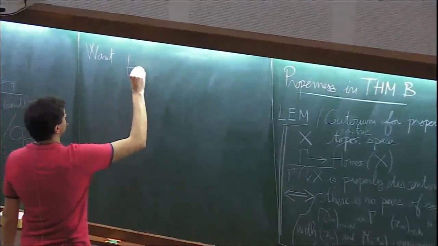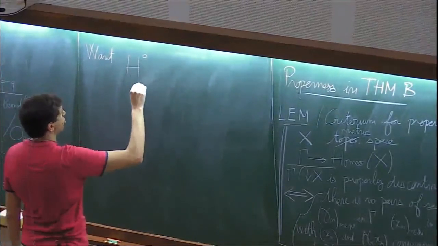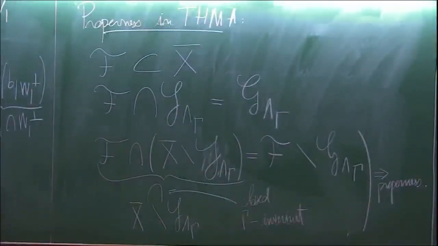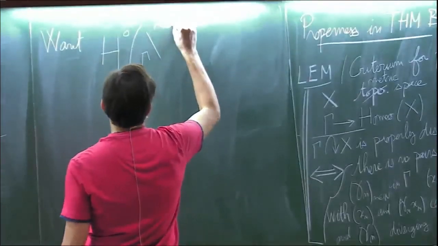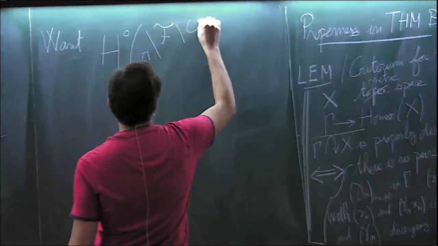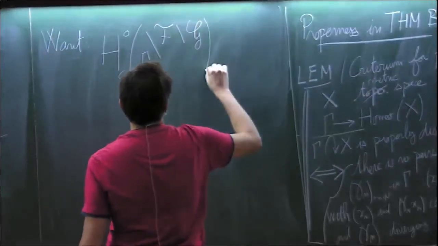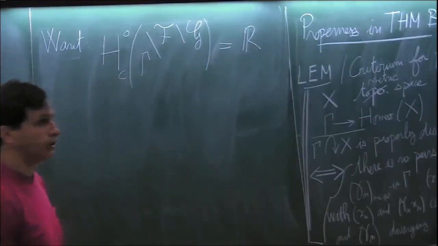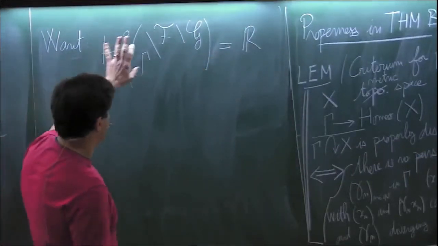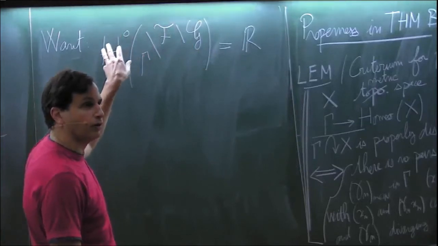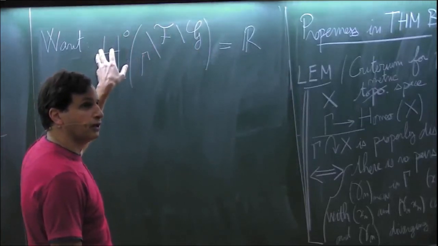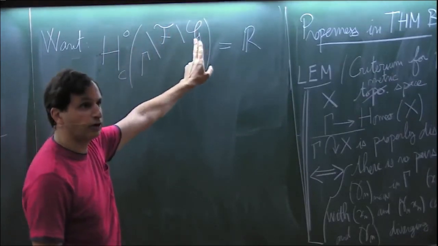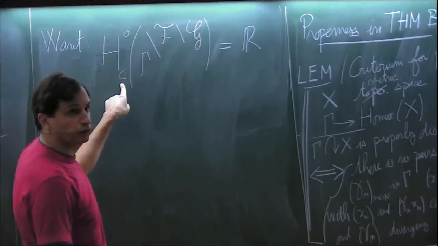We want that the zeroth homology group with compact support of this quotient F mod gamma is R. So in de Rham homology, what represents this is a function, locally constant, that has compact support.